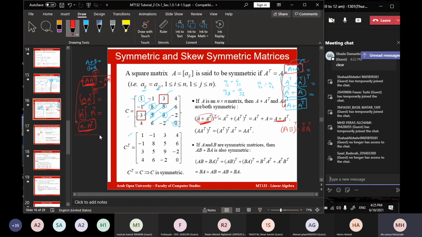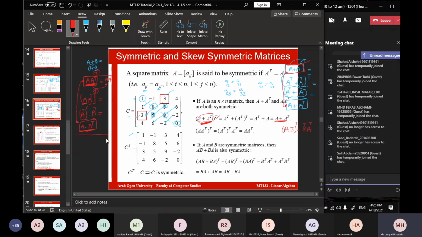Now, moreover, here we had any square matrix, correct? And for any square matrix, if I multiply it times its transpose, the new matrix is what? It is symmetric. And A plus A transpose is also symmetric. Now, when we start, take A and B, both symmetric from the beginning.